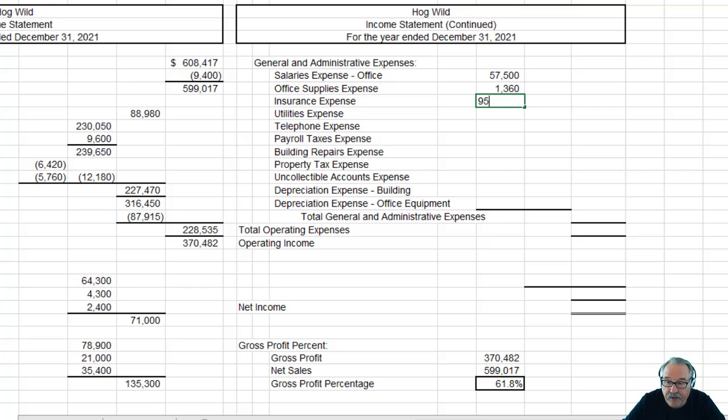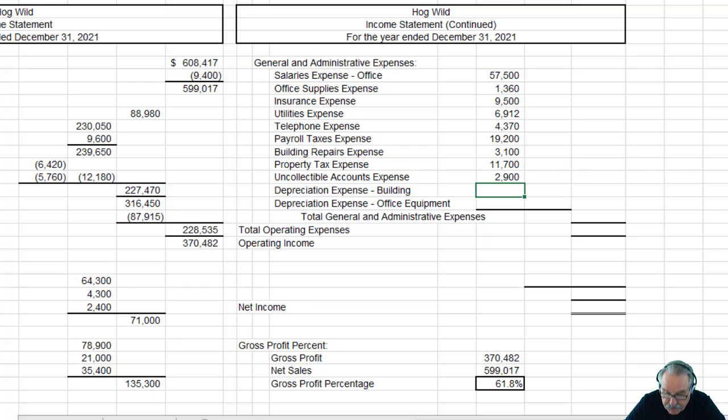Insurance, 9,500. Utilities is 6,912. Telephone expense, 4,370. Payroll taxes, 19,200. Building repairs expense, 3,100. Property tax expense, 11,700. Uncollectible accounts expense, that's for our bad debts, 2,900.